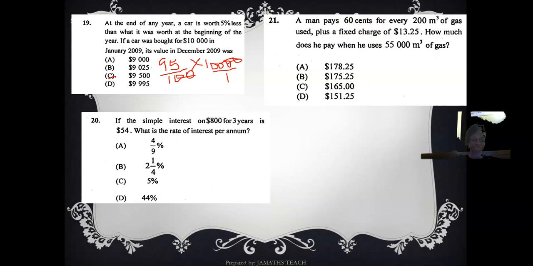Alright, so the man pays 60 cents for every 200 meter cube of gas, and in total he used 55,000 meter cube of gas. So the first thing that we need to find out is how many 200 meter cube did he use. So we have to divide the 55,000 by 200.